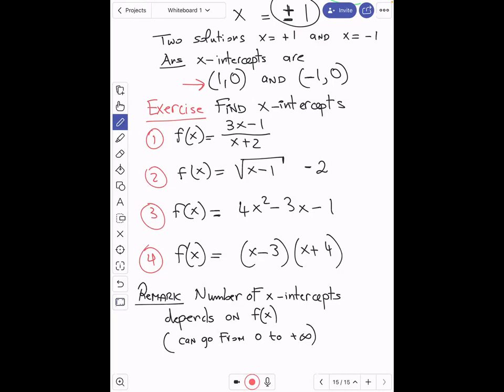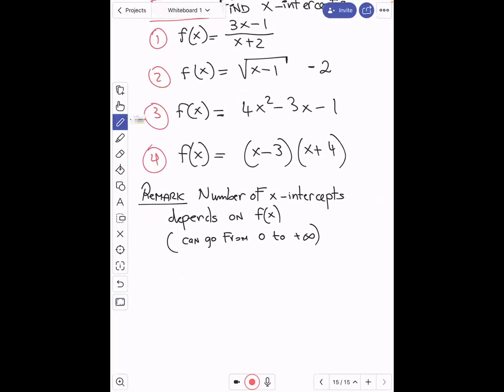All right, let me discuss the first problem. For number 1, your f of x is 3x minus 1 over x plus 2. As I said, we're going to find the x-intercepts.